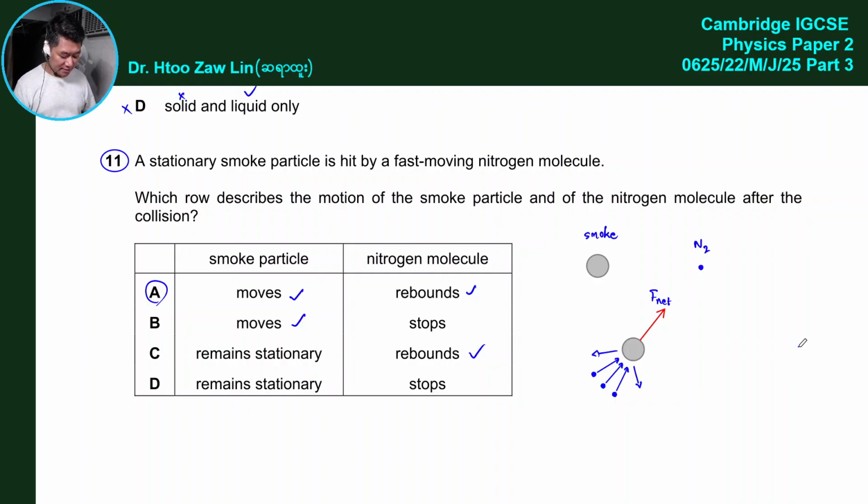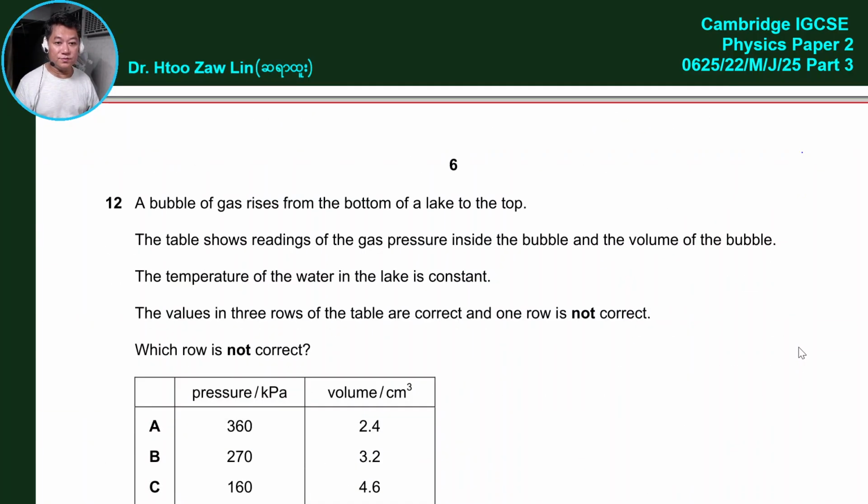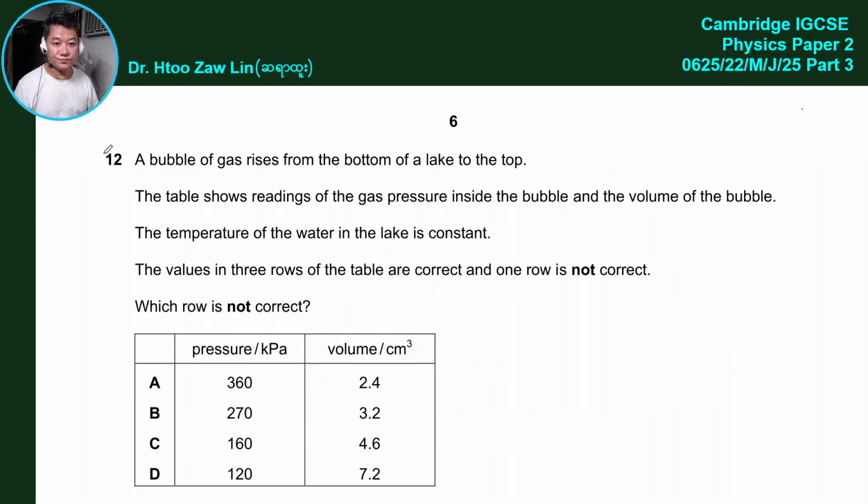Okay, so let's see question number 12. A bubble of gas rises from the bottom of the lake to the top. The table shows a reading of gas pressure inside the bubble and volume of the bubble.